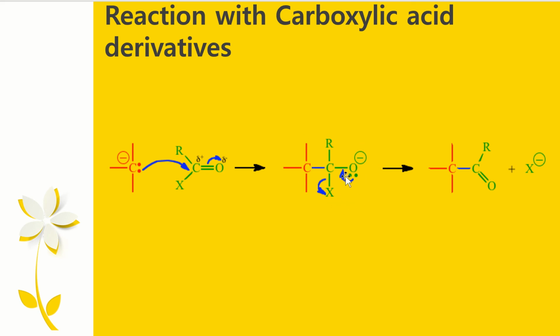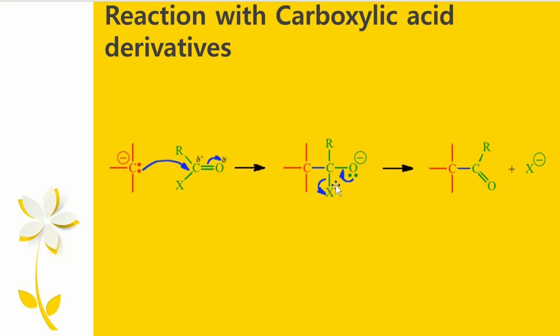The only difference here is that the pair of electrons can reform our carbon-oxygen double bond, and then cause our halogen to be eliminated, or cause us to lose our halogen here. And so we have again a new carbon-carbon bond being formed.